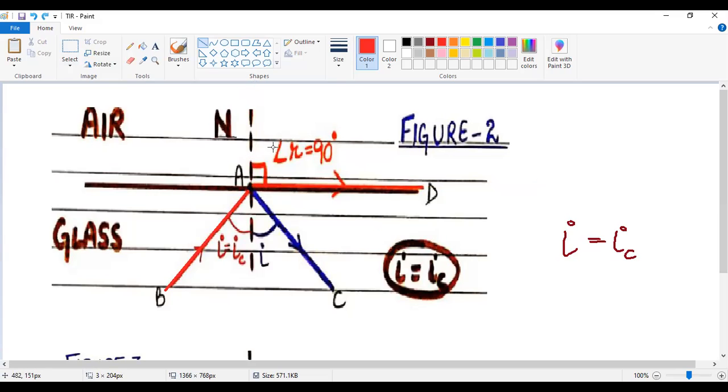So angle of refraction is 90 degree, while part of light is reflected back in the medium, such that angle of incidence and angle of reflection are equal.